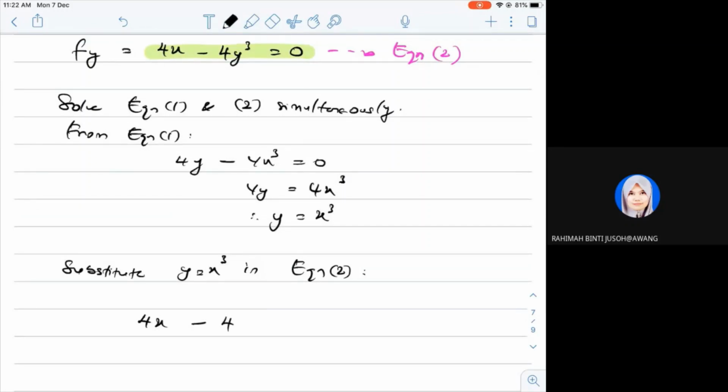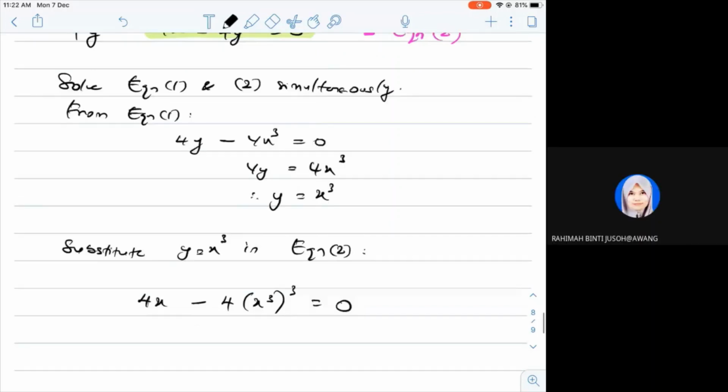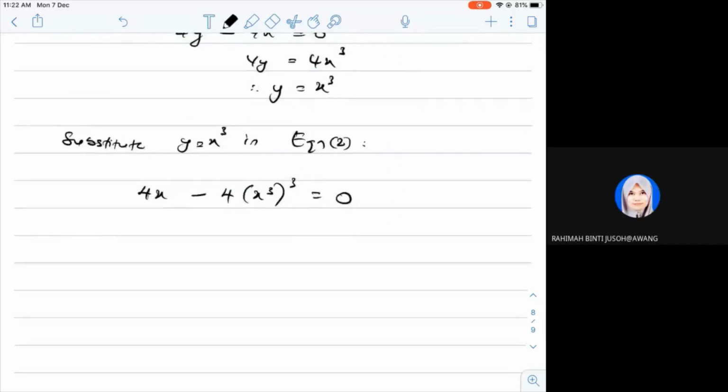So, 4y substitute dengan x cubed to the power of 3 lah. Okay, because we have 4y cubed. Y is x cubed. So, this is equals to 0. Understand this step? Yes. Okay. Now we will have 4x minus 4x to the power of 9 equals to 0.